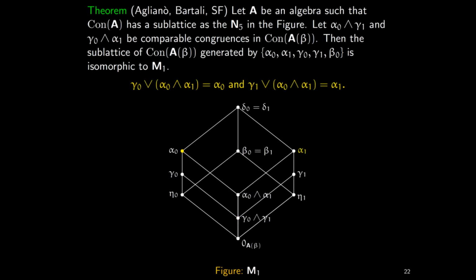And that is basically all, because all the other joins follow either from the homomorphism theorem or from the order between the original congruences alpha, beta, and gamma.